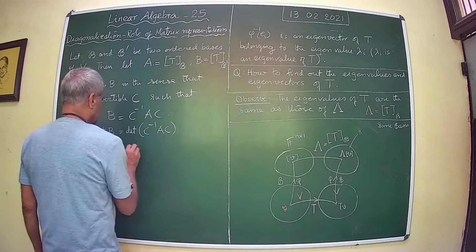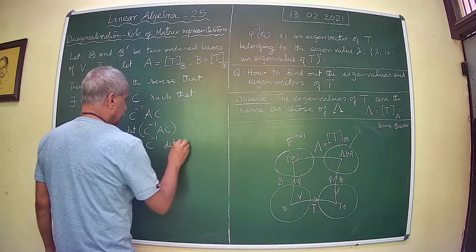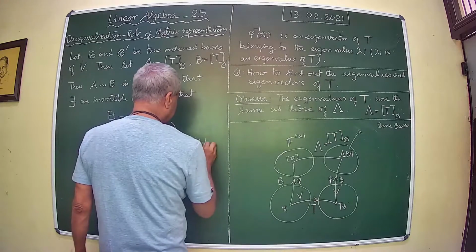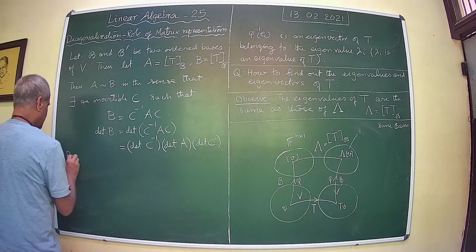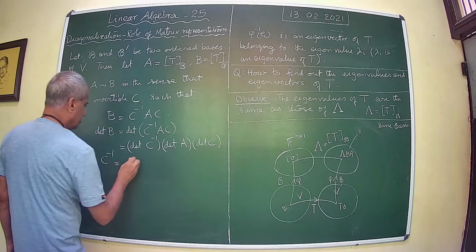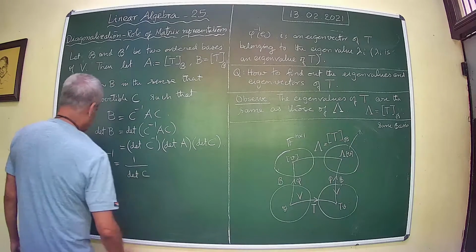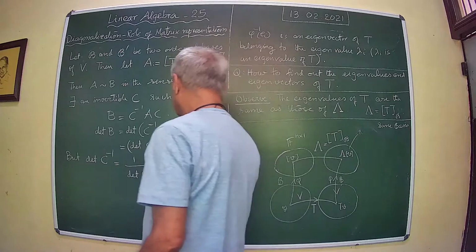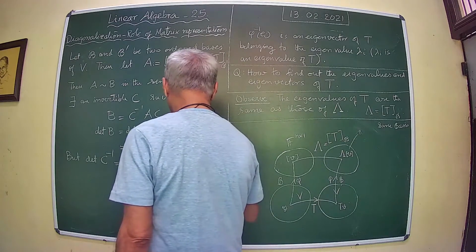So this is equal to determinant of C inverse into determinant of A into determinant of C. But determinant of C inverse equal to 1 by determinant of C. Now this is because determinant of C is not equal to 0, C being invertible.